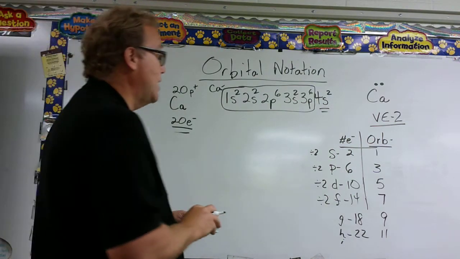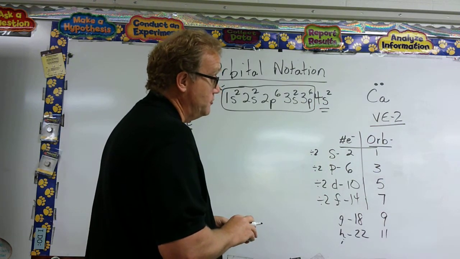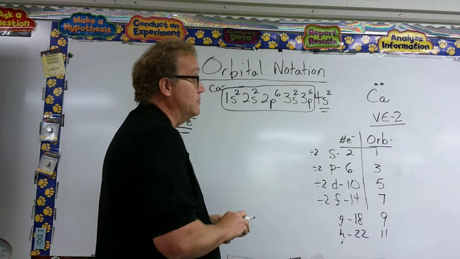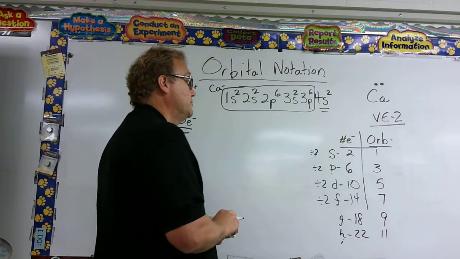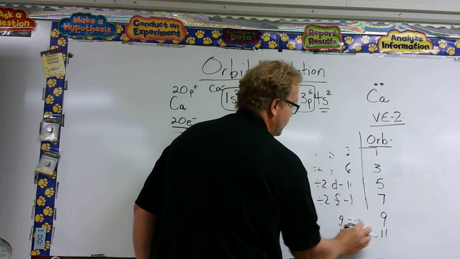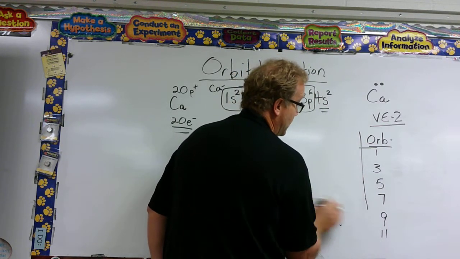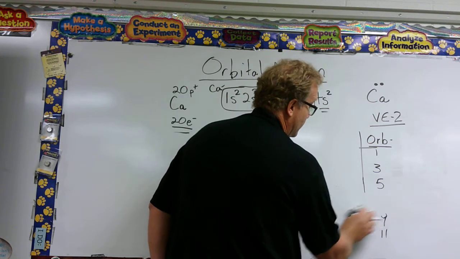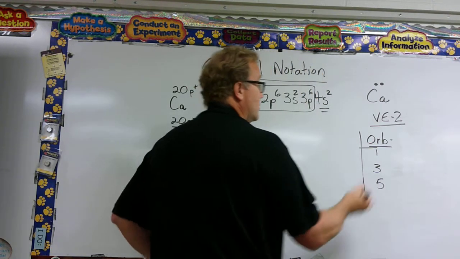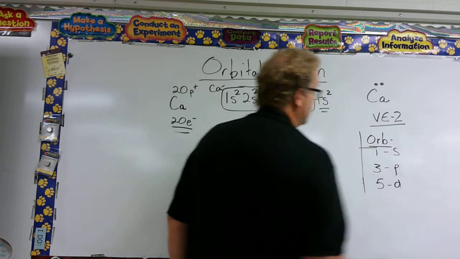Add 4, add 2, going from s, p, d, f, g, h, i. So again, it follows a pattern. The part I'm going to look at is 1, 3, and 5. I'm not going to go beyond it, even though everything's all the same. So now orbitals s, p, d.